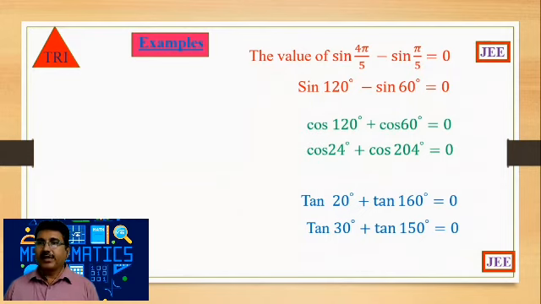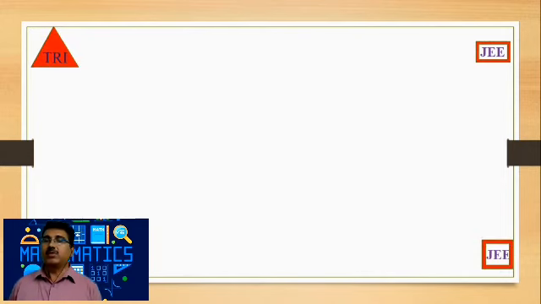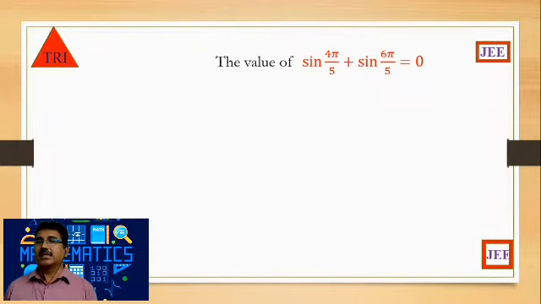Right. Now, see some examples of A plus B is equal to 360 degrees. What is the value of sine 4 pi by 5 plus sine 6 pi by 5? Here, A plus B is equal to 2 pi or 360 degrees, so sine A plus sine B is equal to 0.